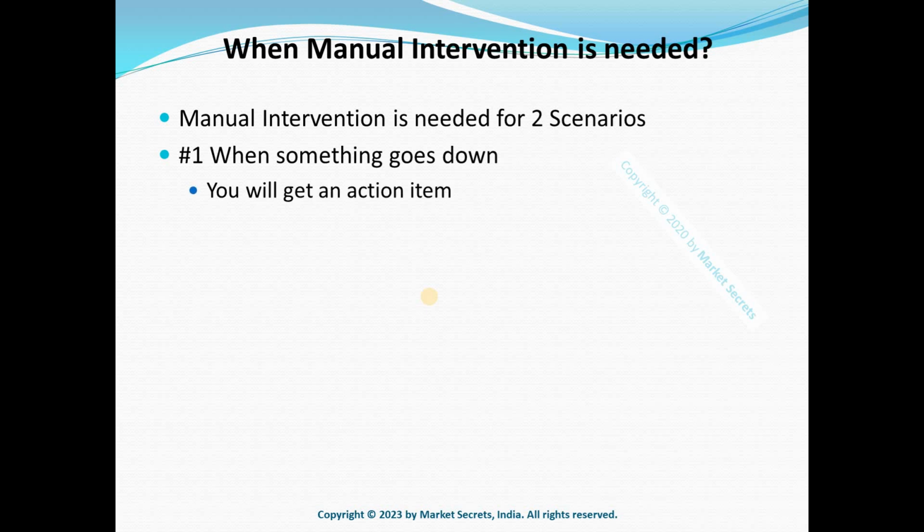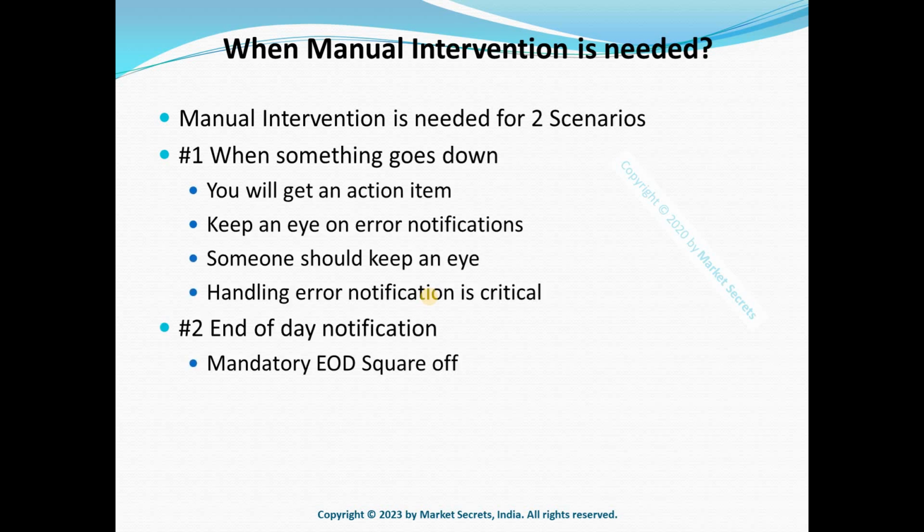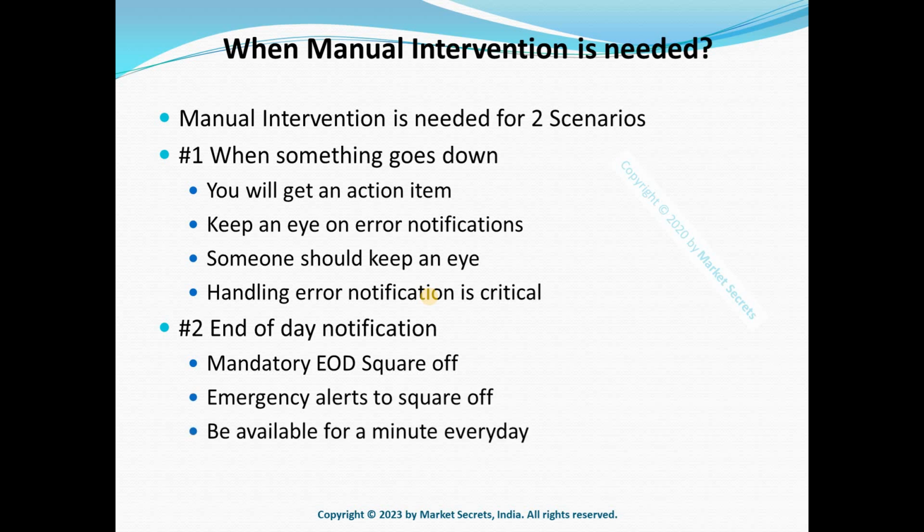And the manual intervention, we already went over it. Some more details about it. When something is wrong, we may have to pitch in. And the other thing is, if you are not available at random times whenever the alert is triggered, it's better to keep an eye at the end of the day to ensure that everything is squared off.